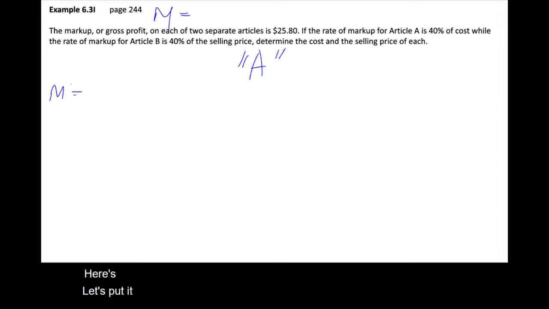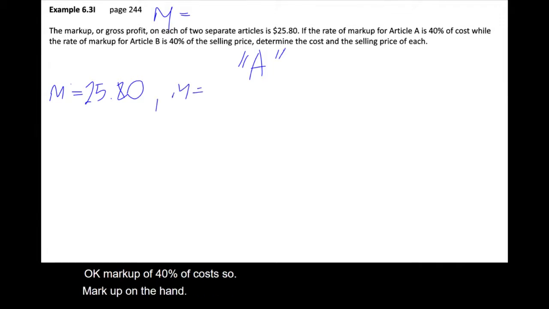Markup is 40% of cost. So markup, on the other hand, is 0.4 times C. From here we can find the cost.